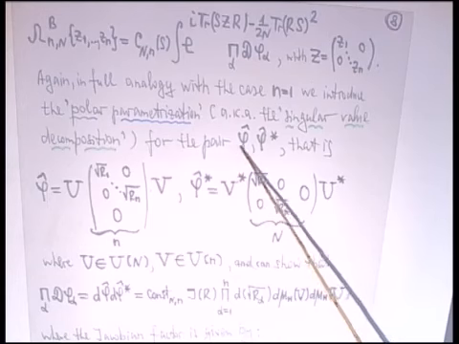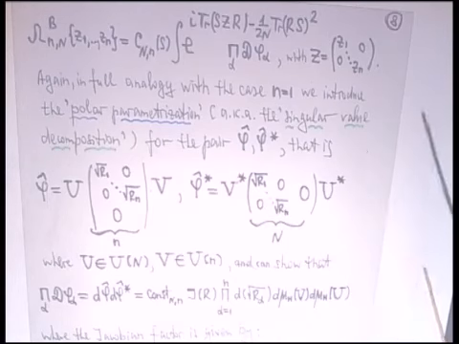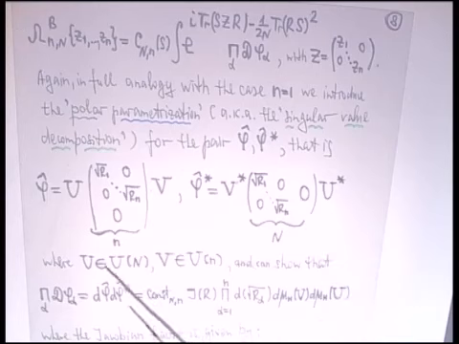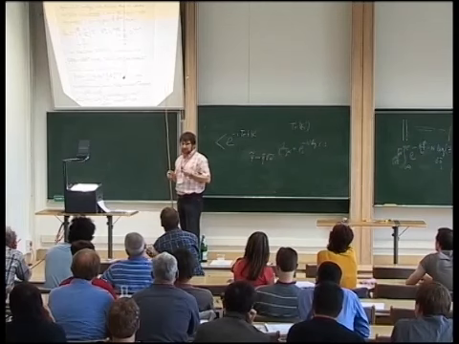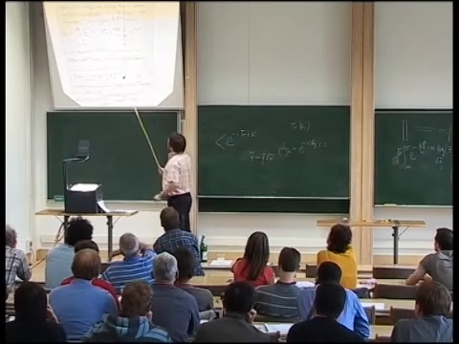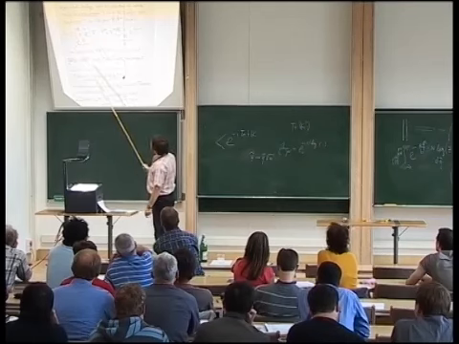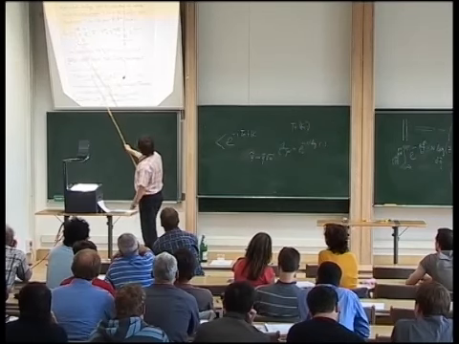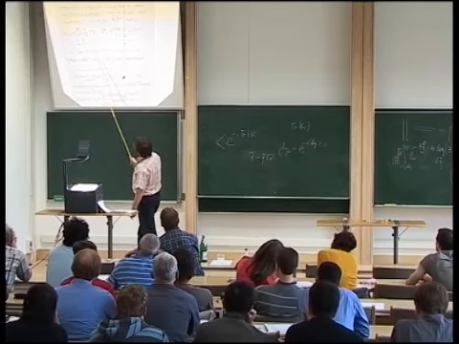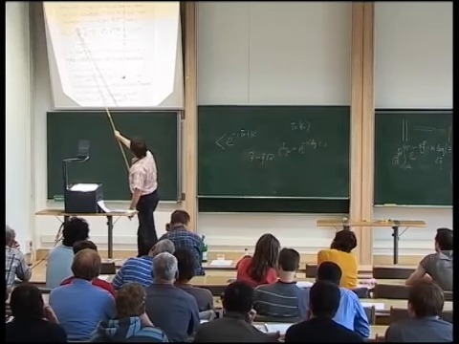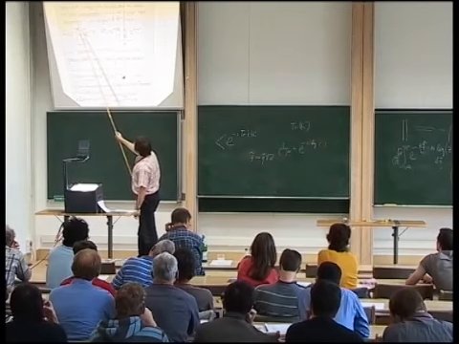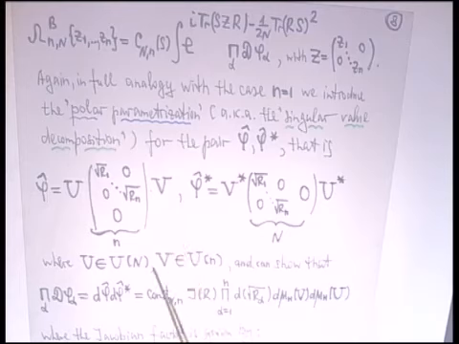For a pair of rectangular matrices phi and their Hermitian conjugate, again up to a certain redundancy, which I don't like to discuss but which is always present, as Martin mentioned, it can be represented as a product of a unitary matrix, then a matrix which has n columns but non-zero entries only in the top block.